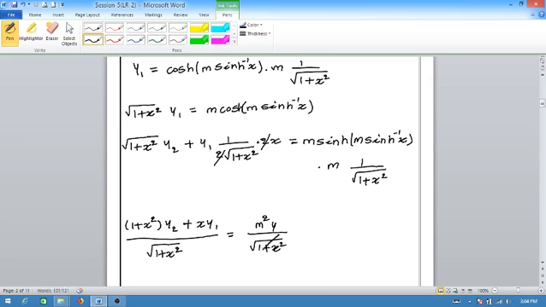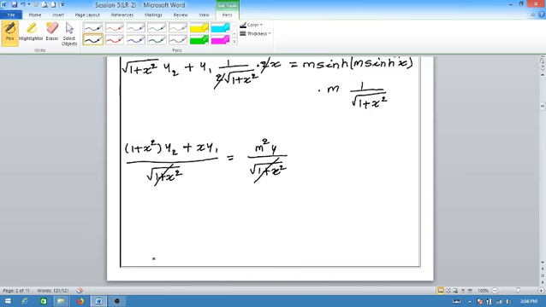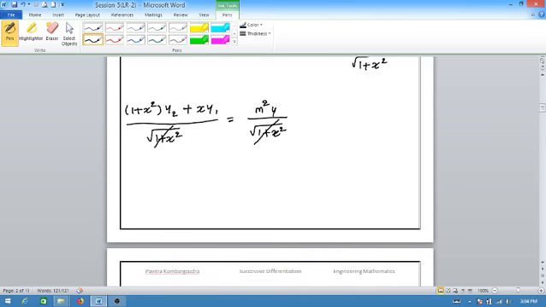So this root of 1 plus x square and root of 1 plus x square get cancelled. So I will get the equation 1 plus x square into y2 plus x into y1 minus m square y is equal to 0.